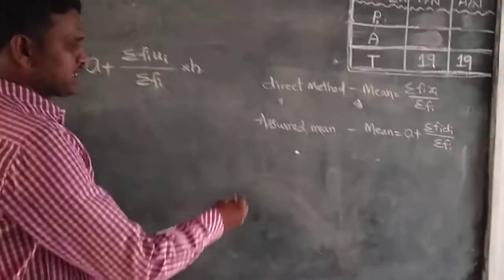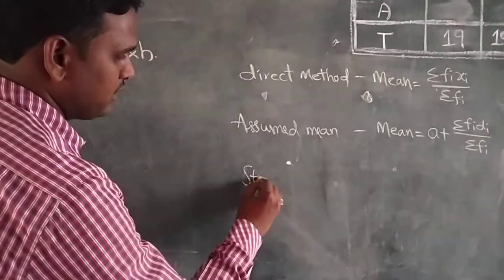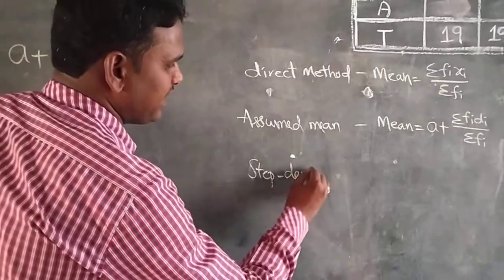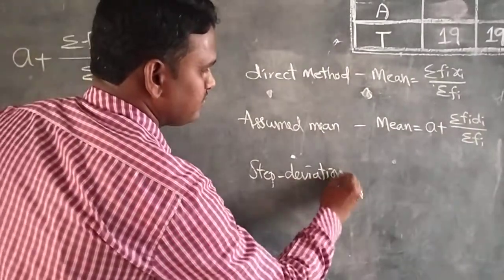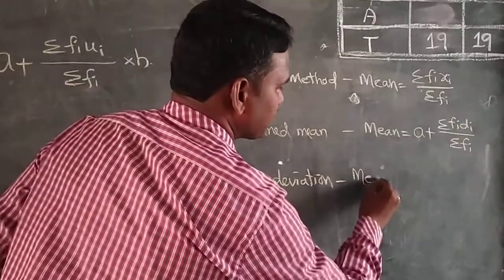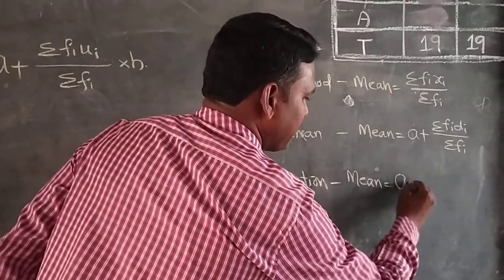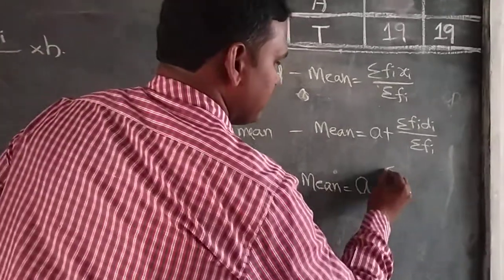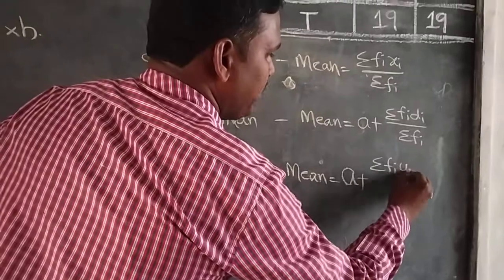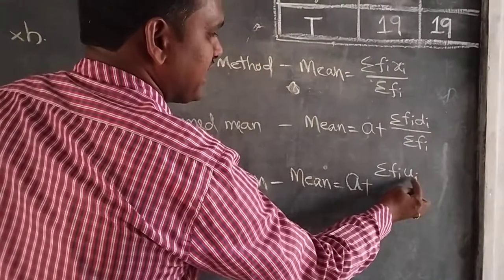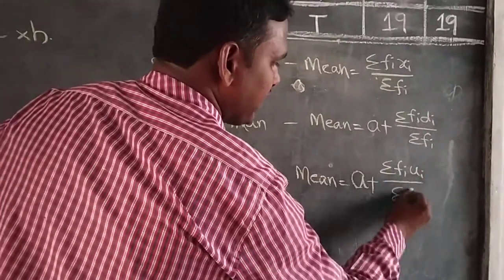Now in this class we are going to find the mean using the step deviation method, that is, mean is equal to a plus summation fi ui by sigma fi. In place of di we are using ui.